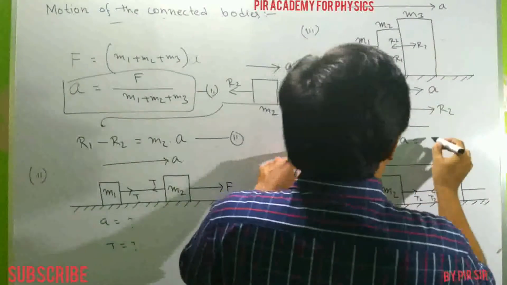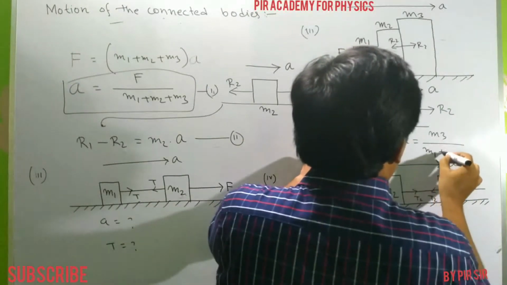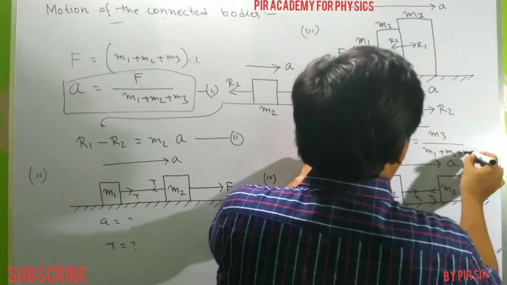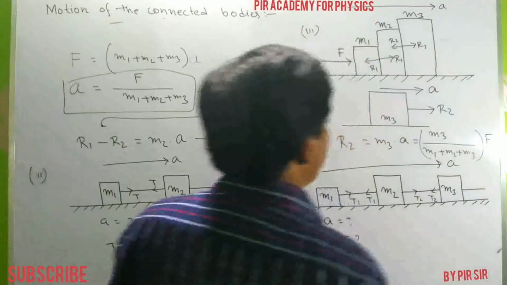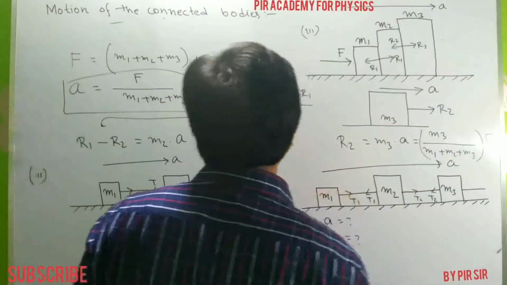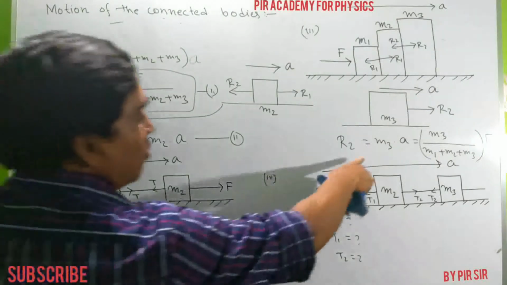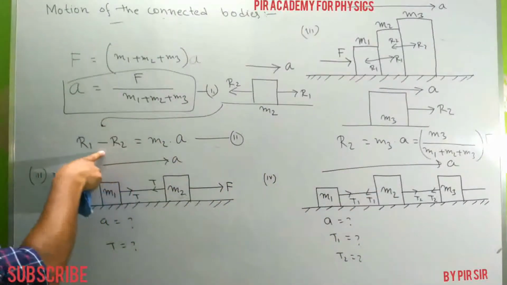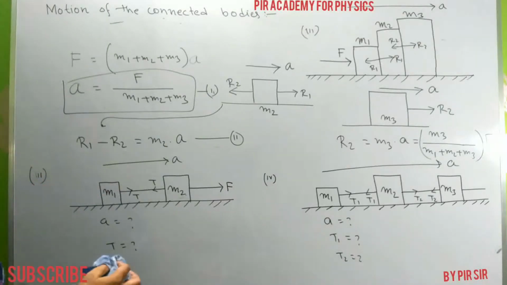That means R2 equals M3 divided by M1 plus M2 plus M3 into F. That is the value of R2. And if you put the value of R2 here, you can automatically calculate the value of R1.